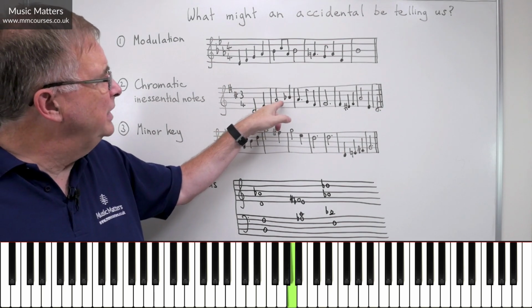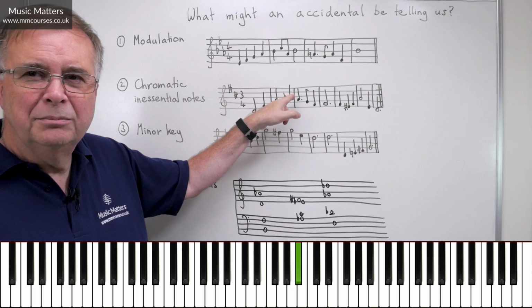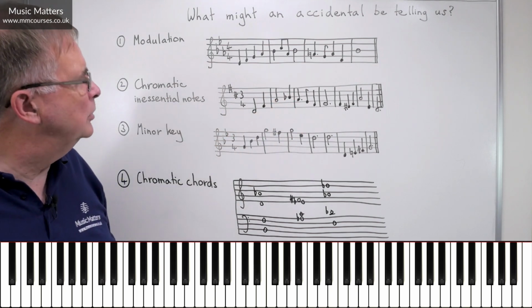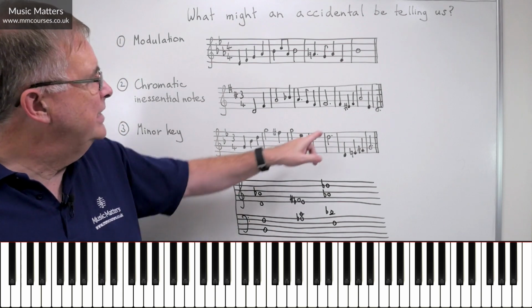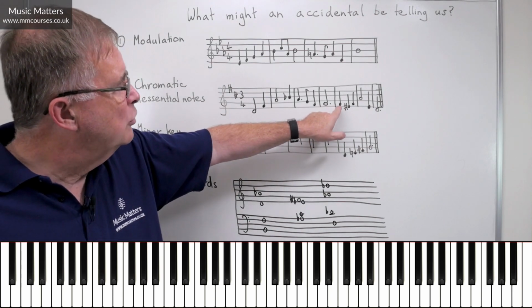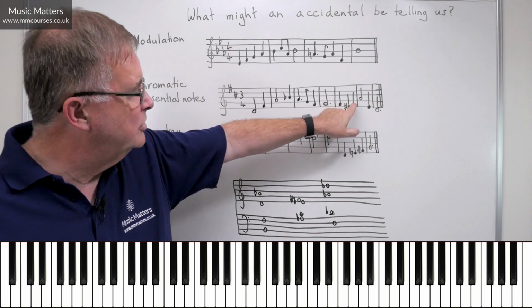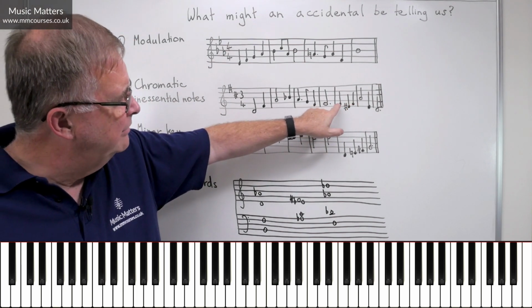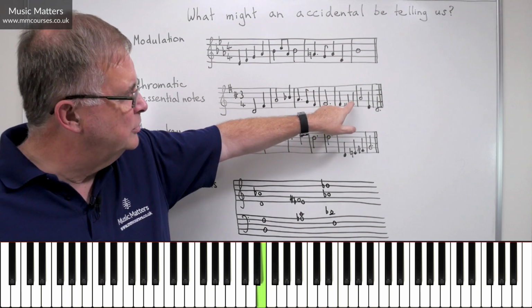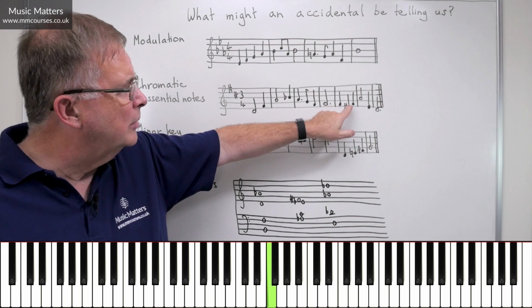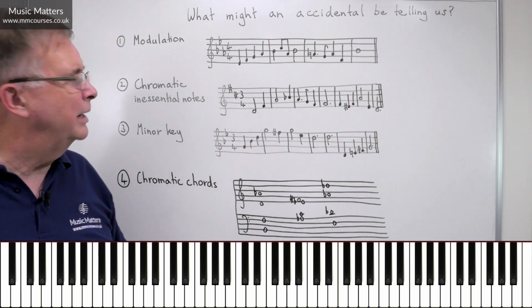But because I've gone to B flat, which doesn't belong to the key, I call that a chromatic upper auxiliary note. And then later on here, look, we've got a chromatic lower auxiliary note, because I've got F sharp there, I've got F sharp here. I should have just dipped down from F sharp to E back to F sharp to stay in the key, but I've gone F sharp, E sharp, F sharp. So you see what's happening there.